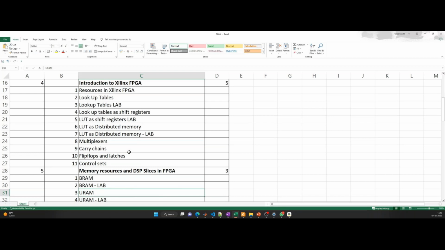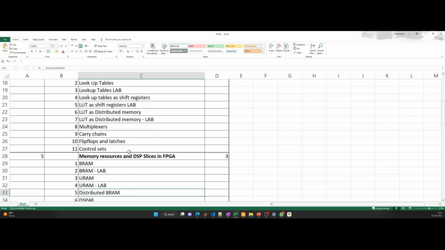So BRAM, URAM, that is ultra RAM actually. If you want to go for very high speed designs, I was saying about NSE, BSE, and how they use it for order execution. There are some companies, if you see on LinkedIn, there are openings in JP Morgan, Goldman Sachs, Alpha Grep.